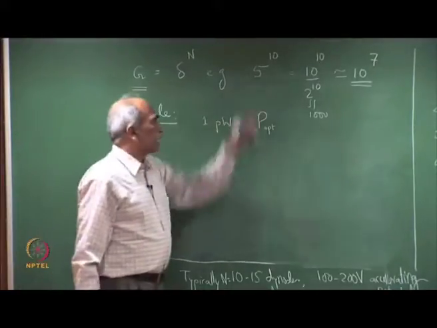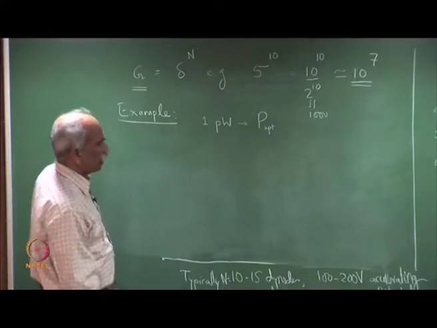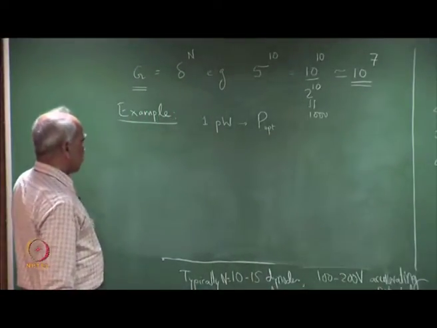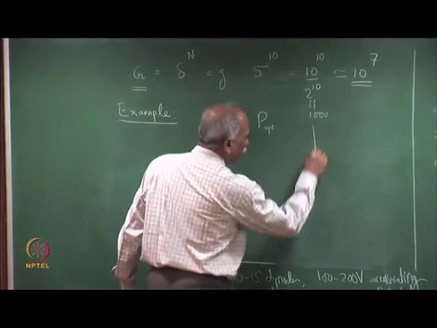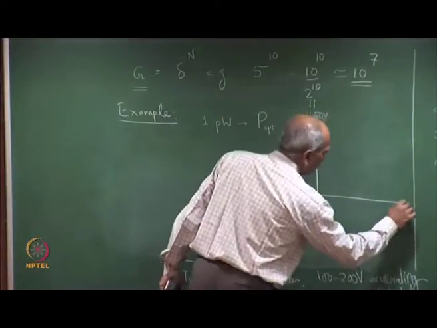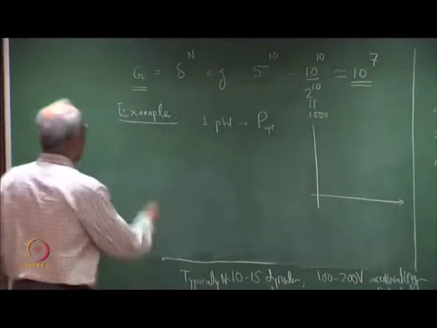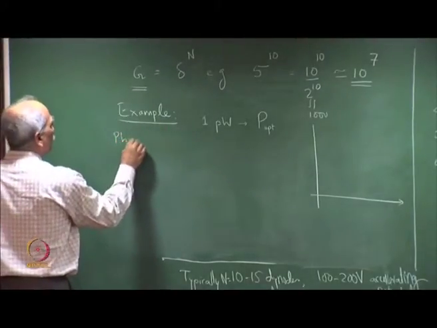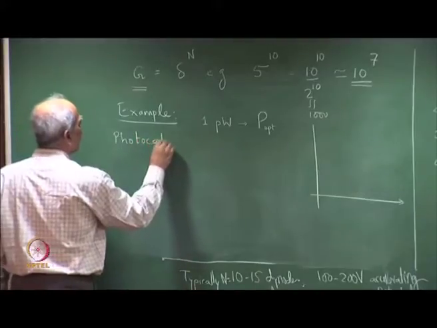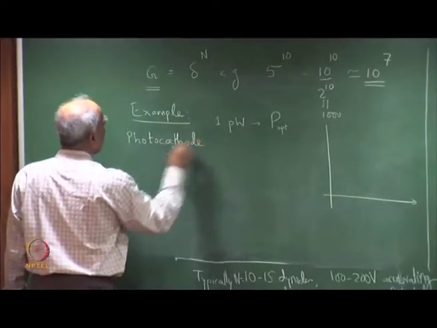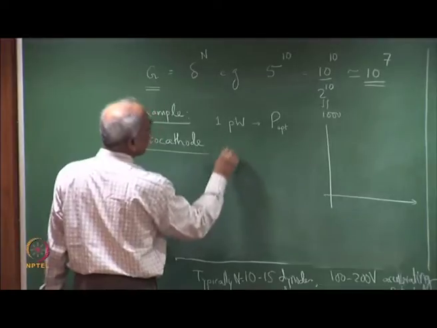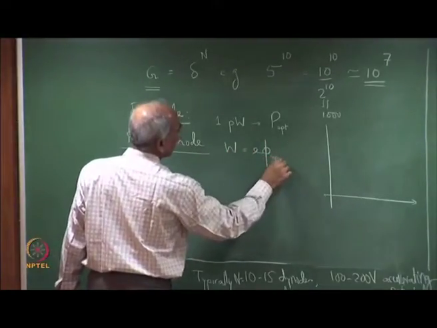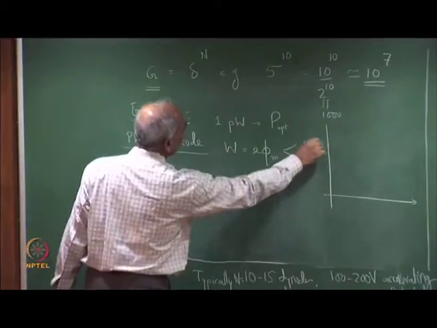So, how to calculate what is the output across the load resistance? The typical responsivity of the photocathode material. So, before I continue with the example, let me talk about the photocathode materials. The photocathode must have work function W or E phi m, which should be less than h nu.